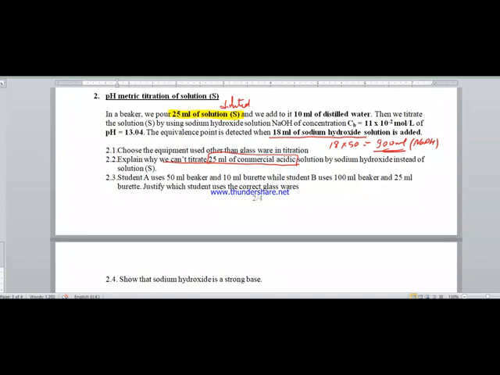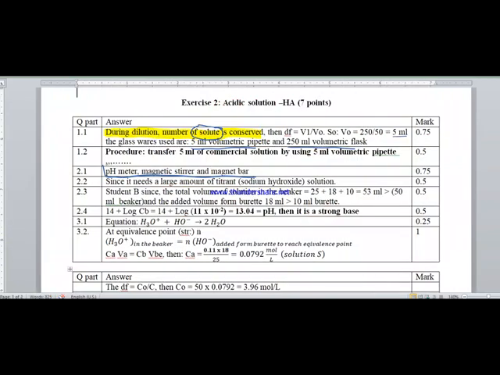Since the commercial solution is very concentrated, it takes a large amount of titrant, sodium hydroxide.